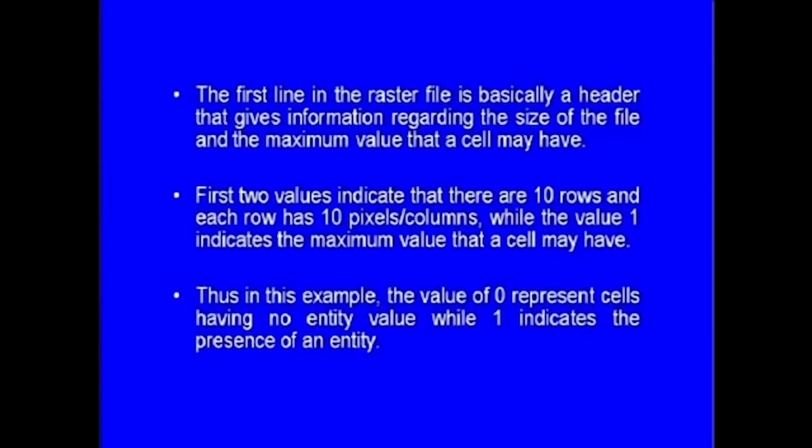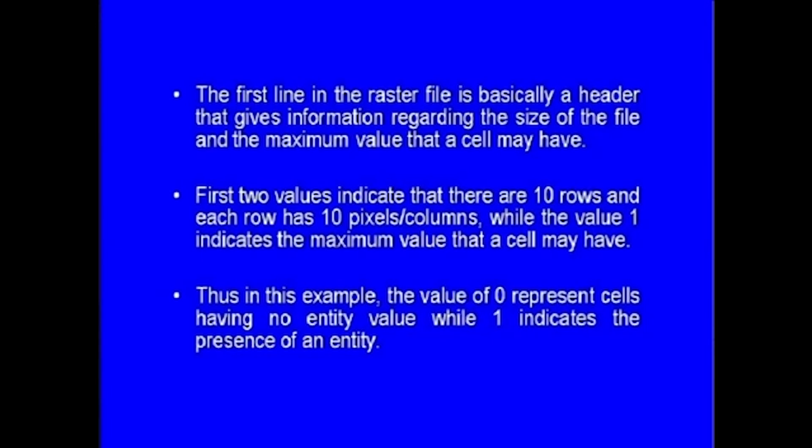So, what is this particular information? The first line in the raster file is basically a header that gives information regarding the cell size of the file and the maximum value that a cell may have. The first two values indicate that there are 10 rows and each row has 10 pixels or columns, while the value 1 indicates the maximum value that a cell may have.